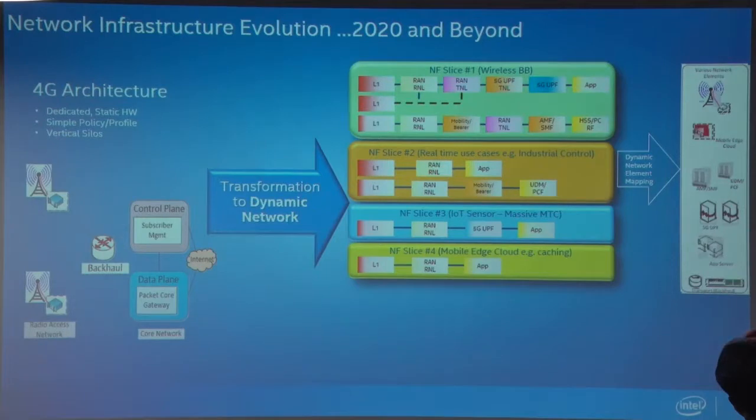For example, we can have a different set of functionalities in each slice. And within the functionality, you should be able to further have granularity of control of what feature set gets enabled, what feature set doesn't get enabled for those types of network slices. And these slices need to be able to be composed together dynamically.